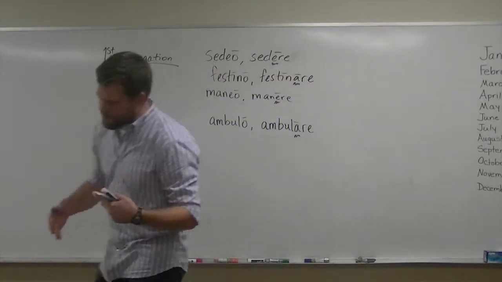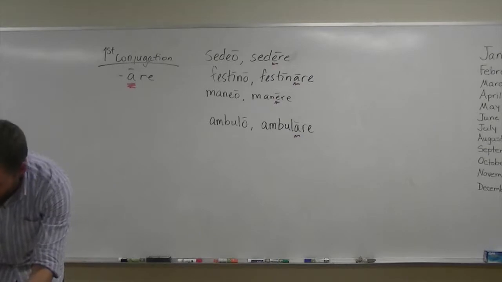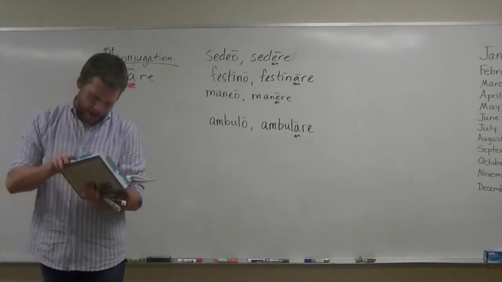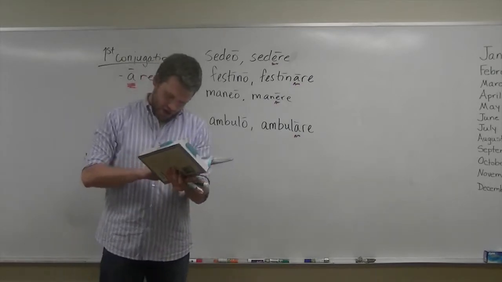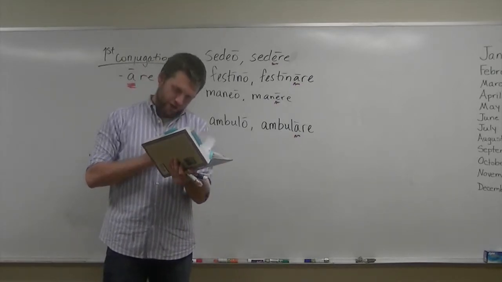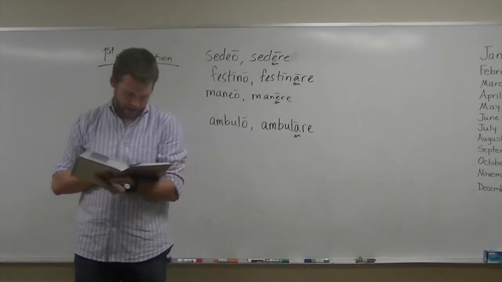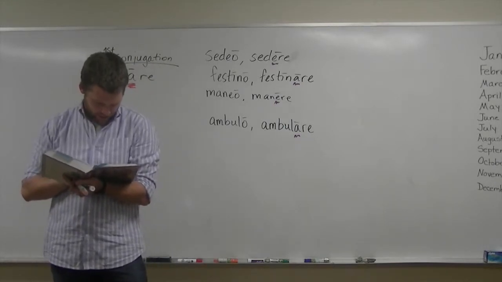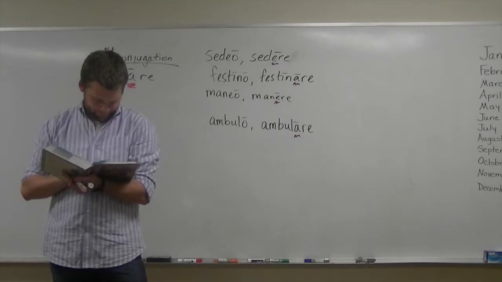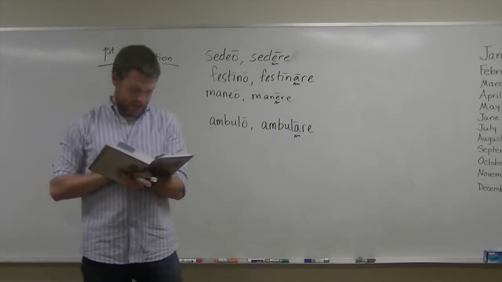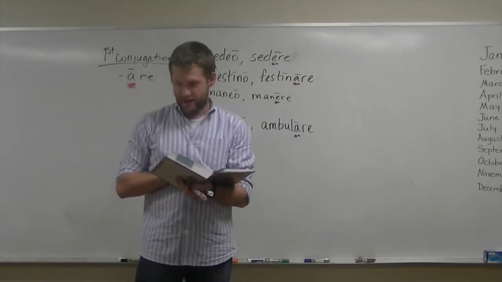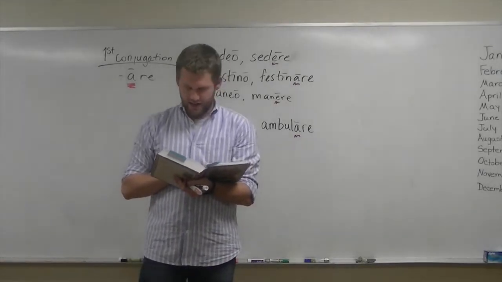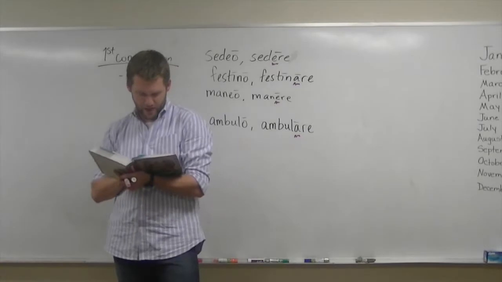And you could do the same thing in your book. You could go through your vocab, your verbs, and you could pick out first conjugation verbs. So just for fun, flip to page 34 and let's see if we can. Page 34. Oh, and actually they're not even going to tell you what they are. So can anybody find a first conjugation verb on page 34?